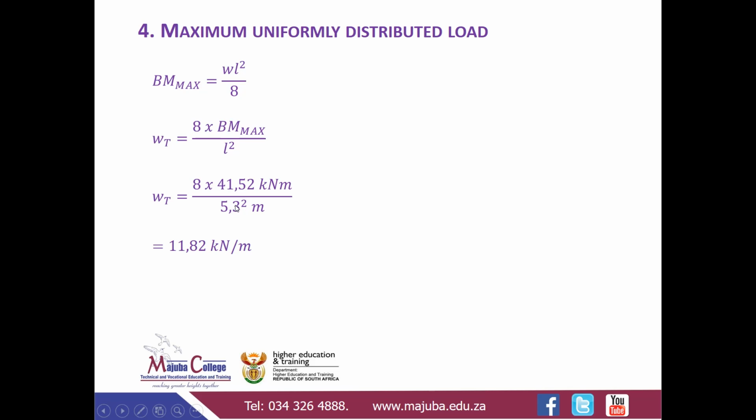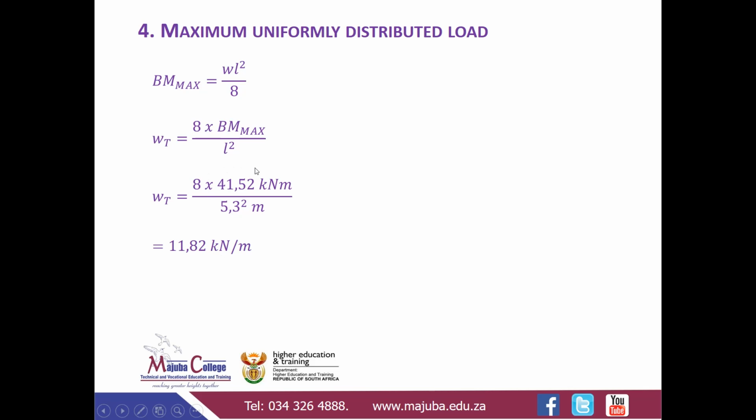Because this one is gonna square even the meters here, the meter will cancel with the meter here. We're left with 1 meter at the bottom because of this square, and then the answer would be 11,82 kilonewtons per meter now. All right, so here don't bother about converting kilonewtons to newtons, because you're still gonna divide it by 1,000 to convert the newtons to kilonewtons.